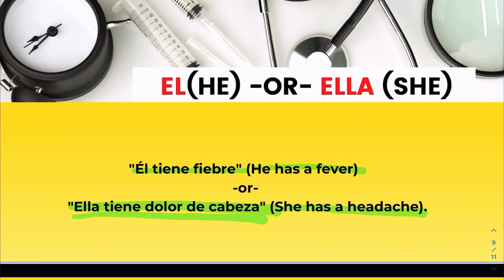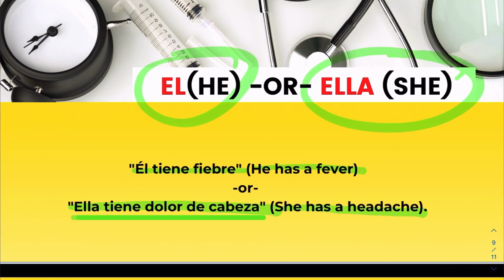The ella tiene dolor de cabeza can be used when mom is describing her daughter's symptoms or mom's symptoms. If it's an older patient, ella tiene dolor de cabeza. She has a headache. Or maybe you're saying it when explaining it to a family member. So very useful to know this and master the he and she in Spanish.